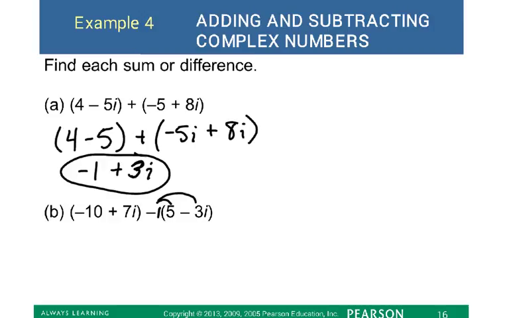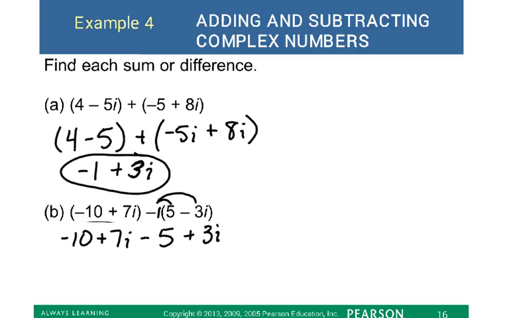And I'm going to take away the parentheses first for getting started. So we get negative 10 plus 7i. And then we have a negative 5 plus 3i. Just like before, add or subtract the real parts, add and subtract the imaginary parts.